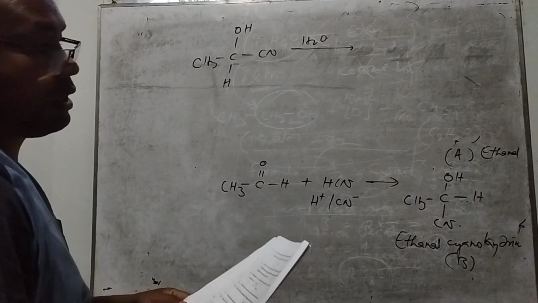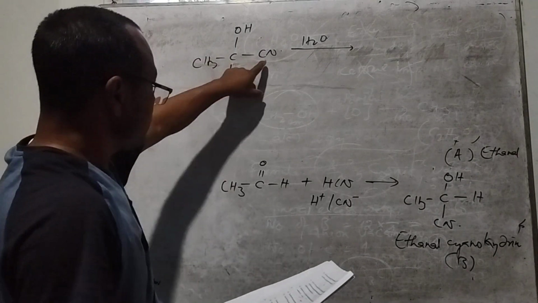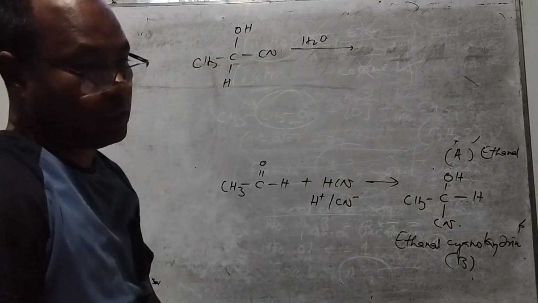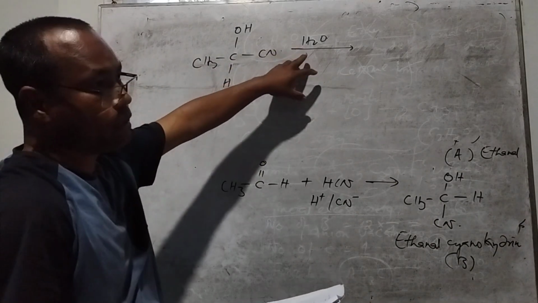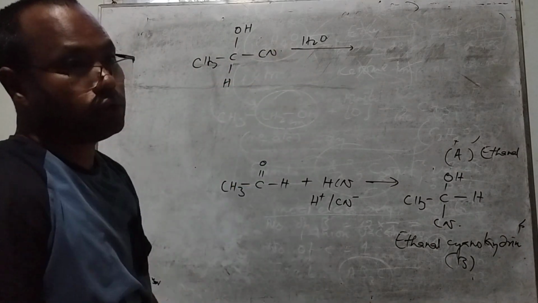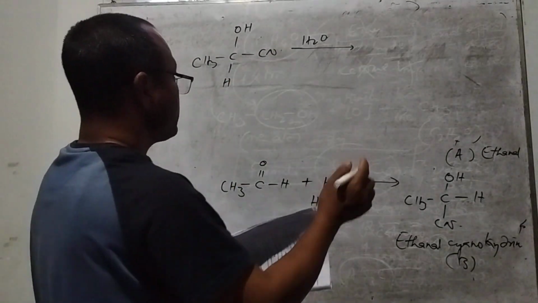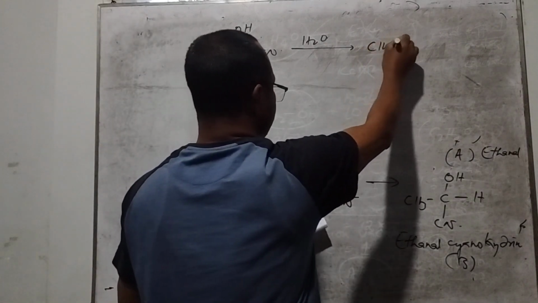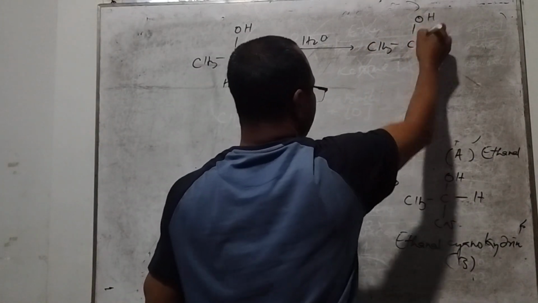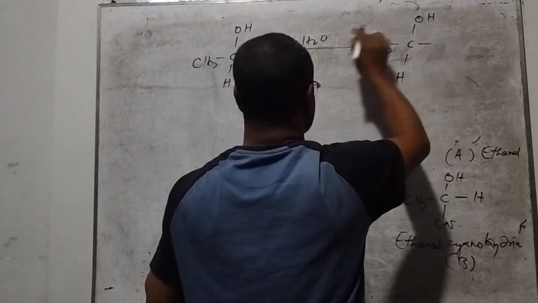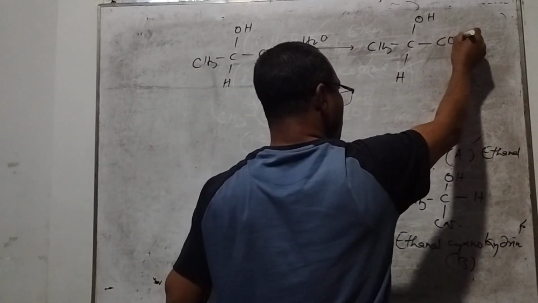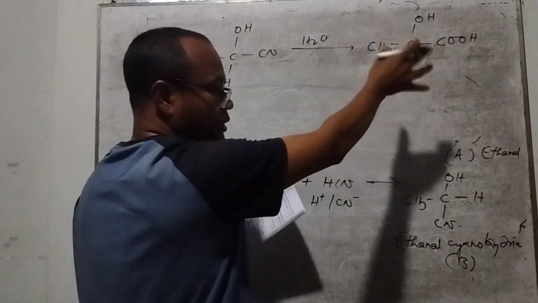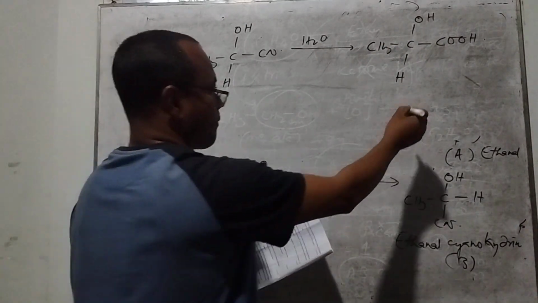As we learned, any compound containing a CN group undergoes hydrolysis and the CN is converted into a carboxylic acid. So I write CH3, CH(OH), COOH. That should be the answer C.